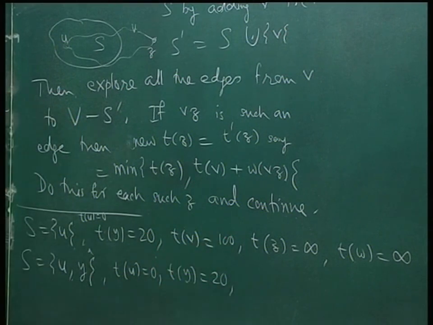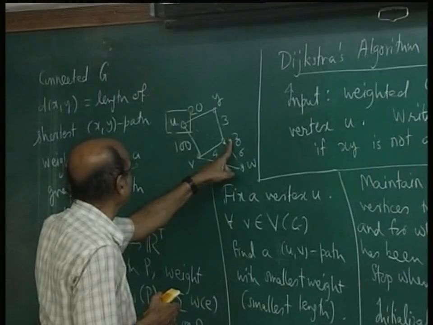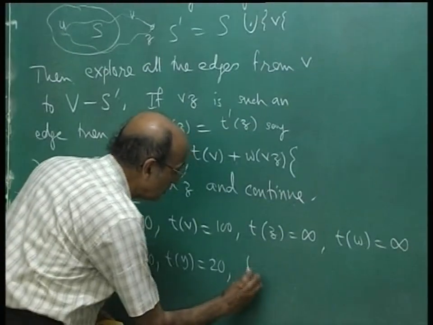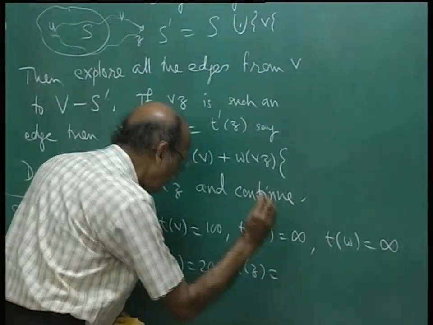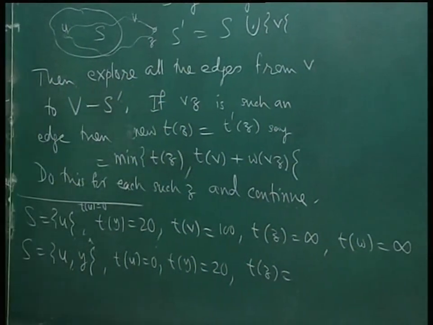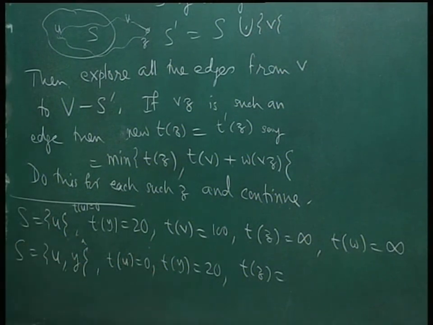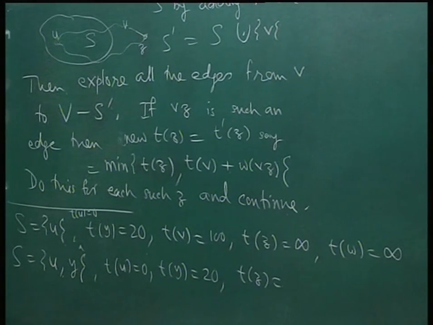Who are all adjacent to Y? Y has been added newly. Z is adjacent to Y. Therefore, T of Z now will be the minimum between infinity and 20 plus 3, which is 23.